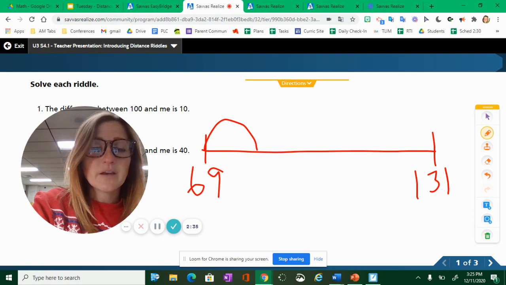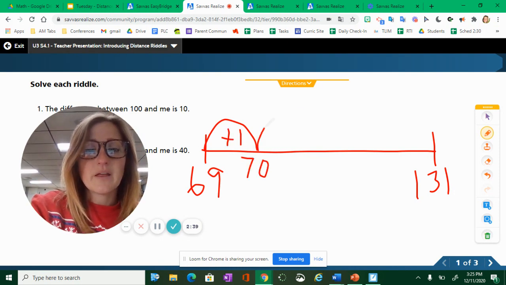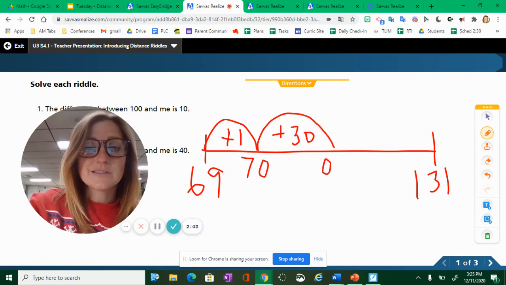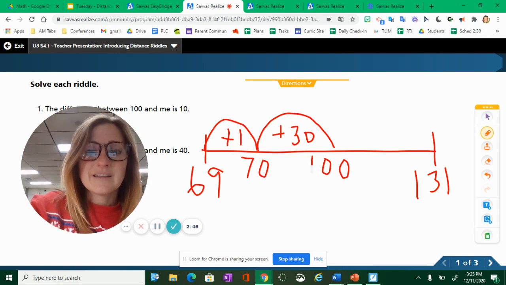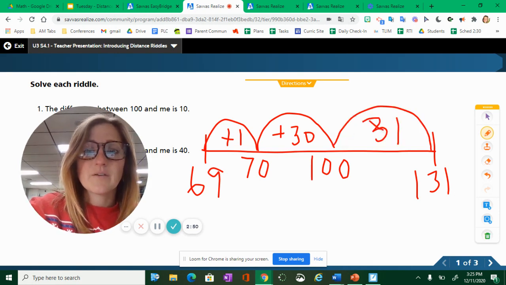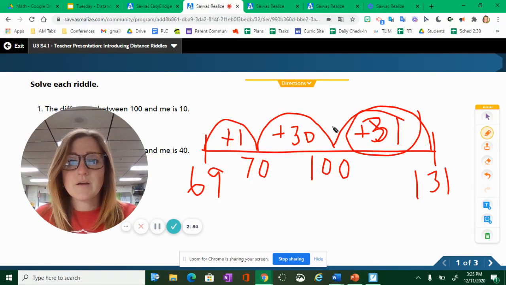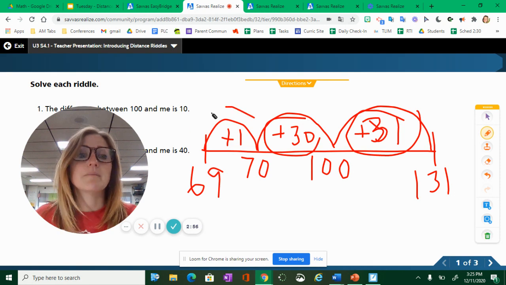For example, I could add a 1 here and get 70. Then I could add 30 to get to 100. Notice it's 31. Then I could have another 31. That's not great writing. But then I'd have to add my 31 with my 30 and my 1 for the final step.